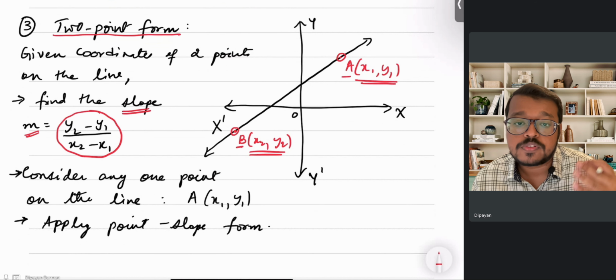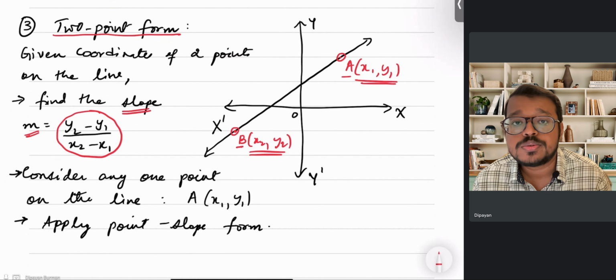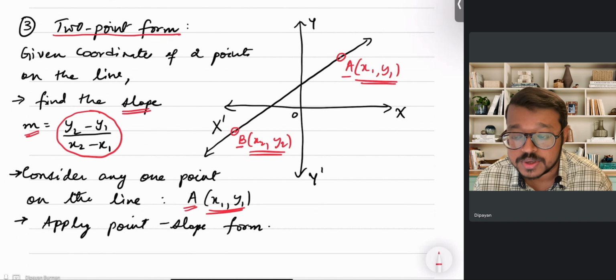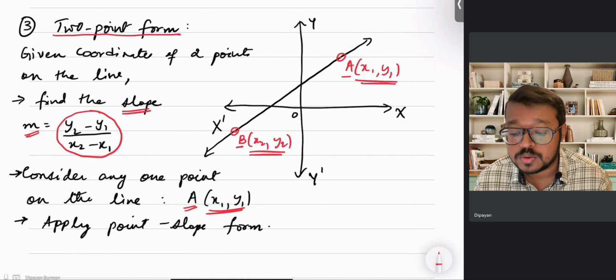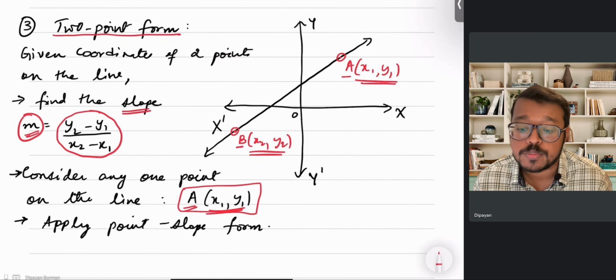Then out of these 2 points we can select any one point. It doesn't matter which point we select, we just need to select one point. For example, here if I select A with coordinates x1 and y1, then what do we know now? We know the coordinates of one point which is on the line, and we also know the slope of the line.